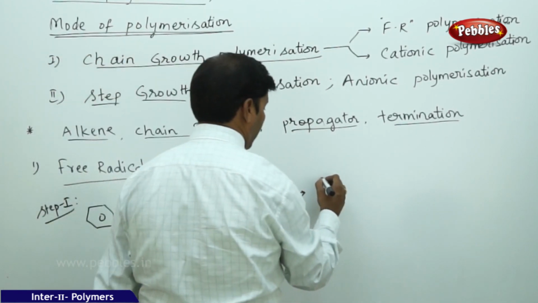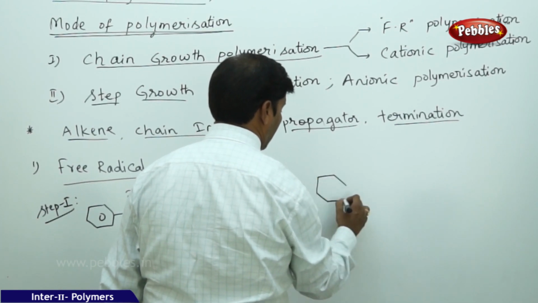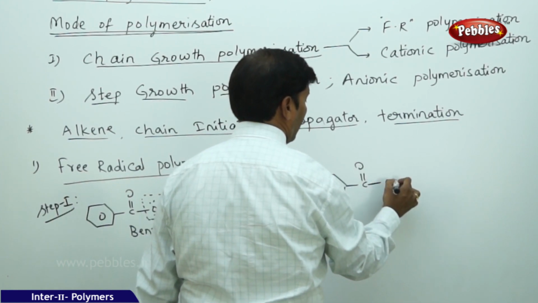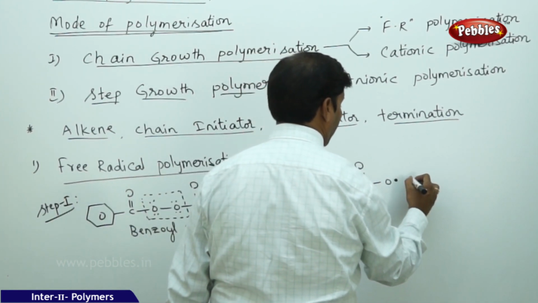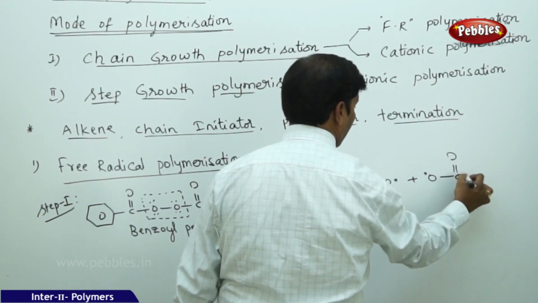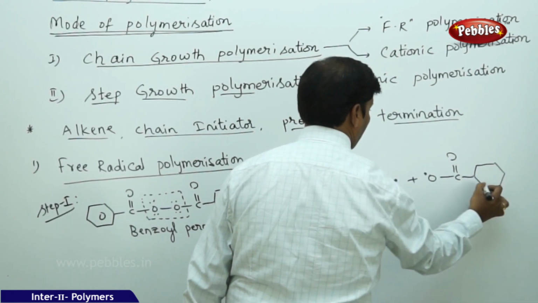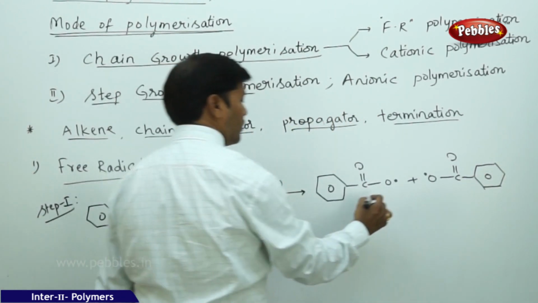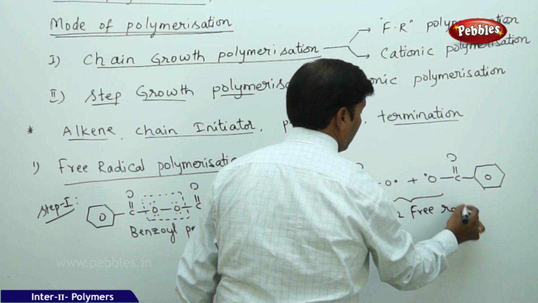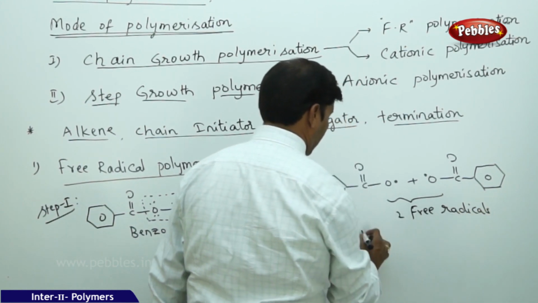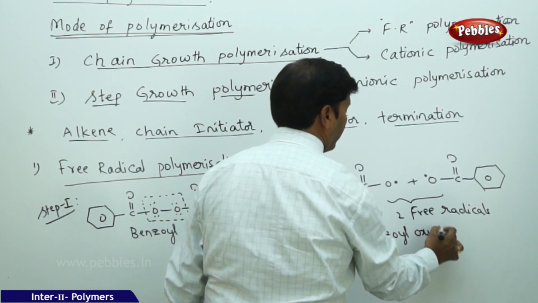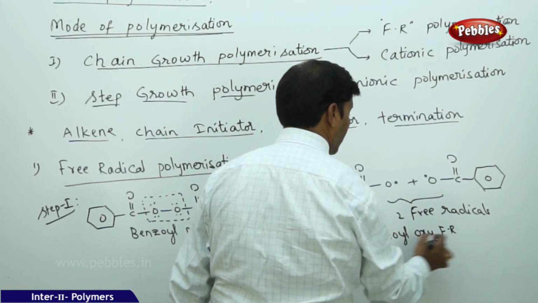So you get two molecules of benzoyloxy free radical.